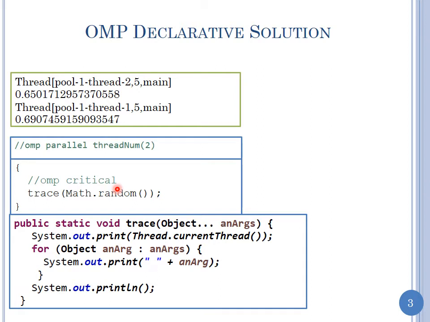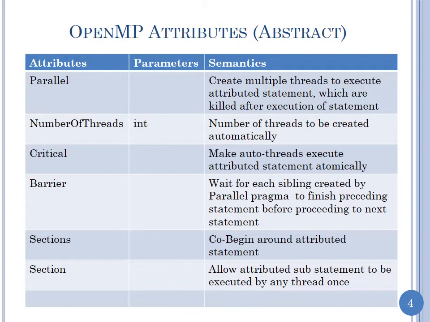Okay, so you've seen how to create threads, you've seen how to create synchronized blocks in Java. So this is essentially giving you a higher level mechanism to do so. And we've seen here two attributes, parallel and critical. And there's also a number of threads.